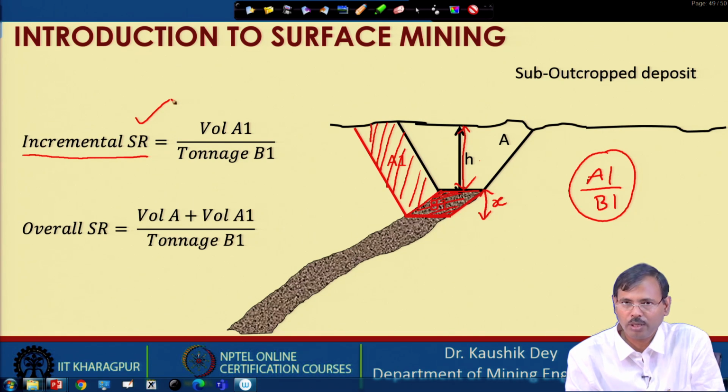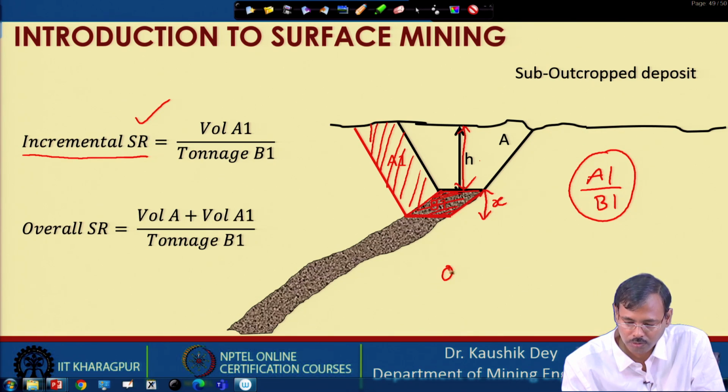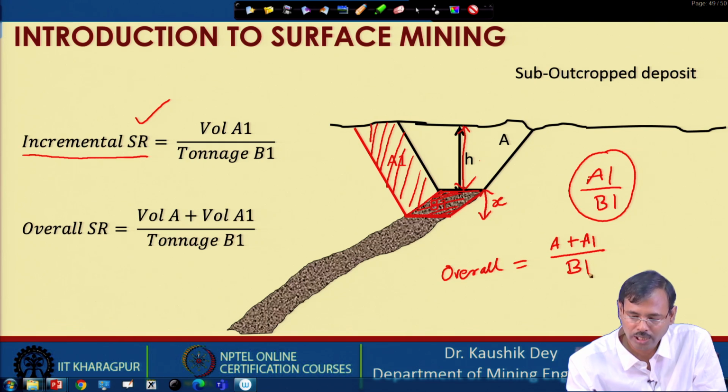And if you have carried this out, and an incremental volume of A1 is removed and an incremental tonnage of B1 is achieved, then your overall stripping ratio will become volume A plus volume A1 divided by B1.